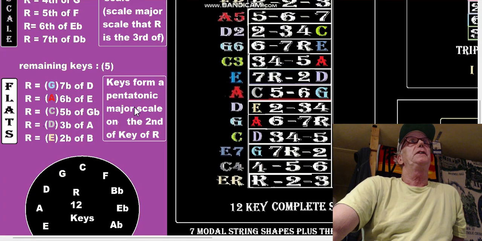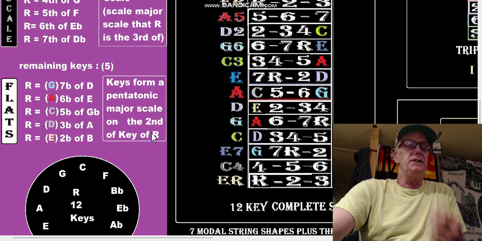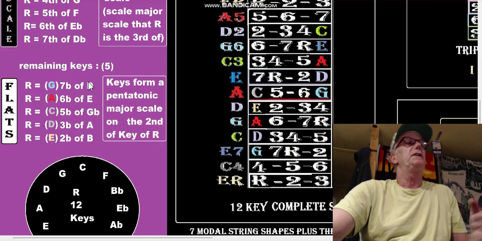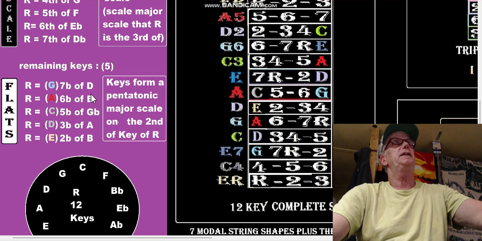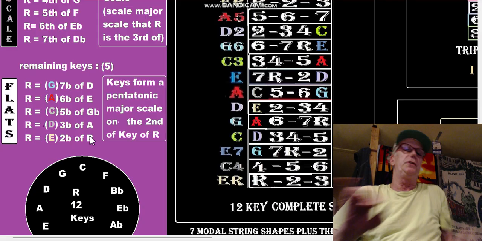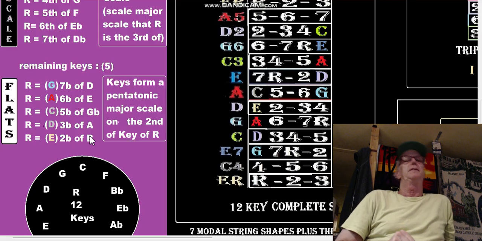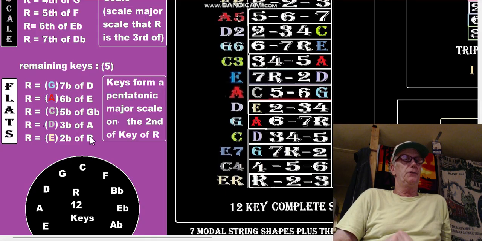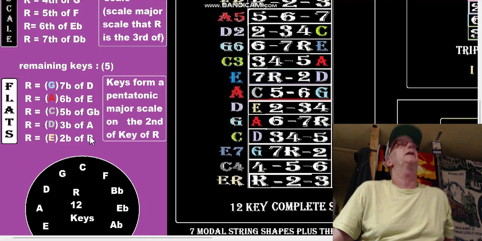The 2nd of key of R. So the key is C, the 2nd is D, a pentatonic scale: D, E, G flat, A, and B. Those are the 5 missing keys of the dot scale. So 5 plus 7 is 12. So that's how we get our 12.